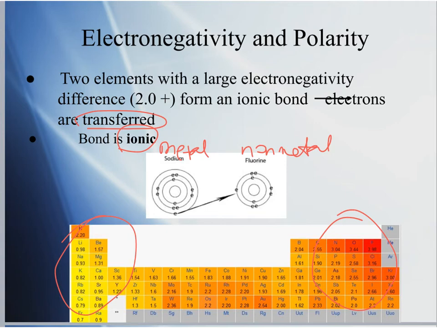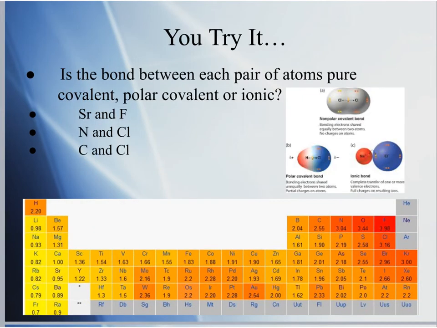When they do that, they become full charges. Sodium's going to have a full +1 charge, fluorine's going to have a full -1 charge, and opposites attract, and that's how they stick together. So that's ionic bonding. However, this chapter we're going to focus mainly on nonpolar and polar bonding and the covalent bonds, because that's going to help us set up the different shapes that we're going to see in covalent molecules.